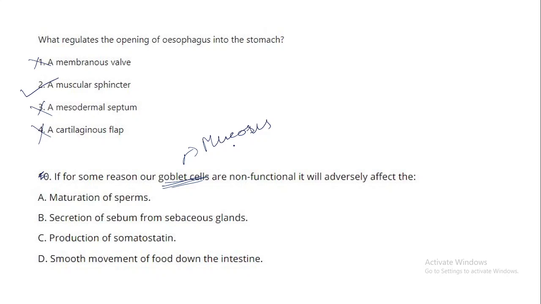Does the goblet cell play a role in maturation of sperms? No. Secretion of sebum from sebaceous glands? No. Production of somatostatin? No. Smooth movement of food down the intestine? Yes, this will be affected if mucus is not produced by the goblet cells. We have discussed this point a number of times while studying the synopsis, right?